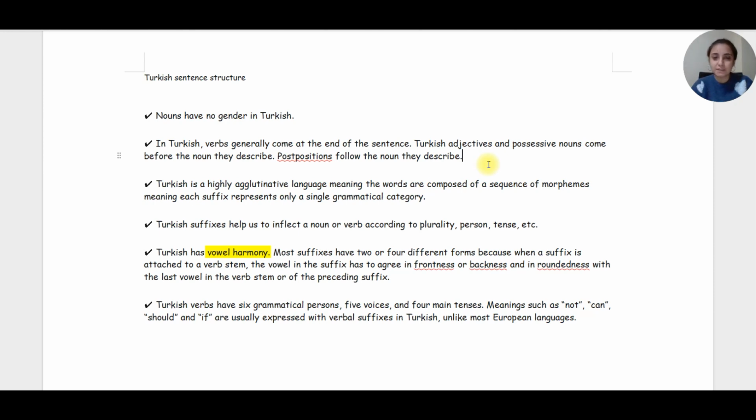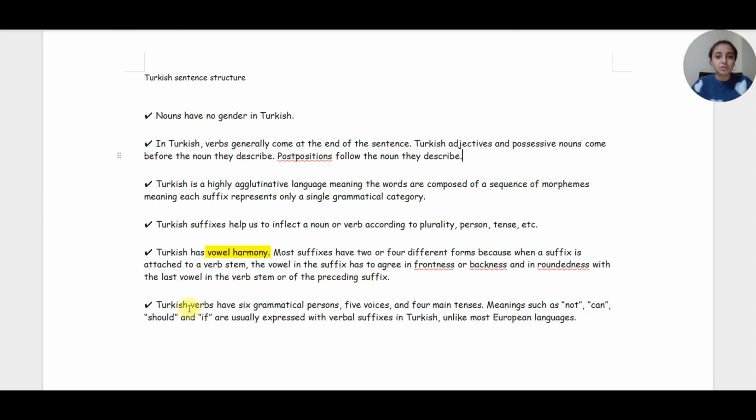Most suffixes have 2 or 4 different forms because when a suffix is attached to a verb stem, the vowel in the suffix has to agree in frontness or backness and in roundedness with the last vowel in the verb stem or of the preceding suffix.